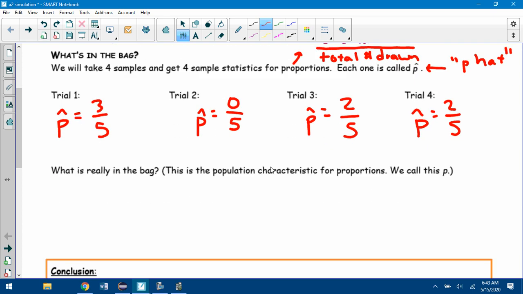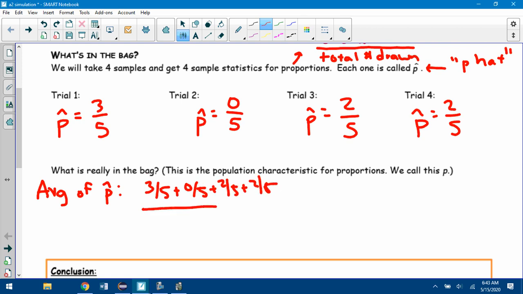We want to know the population characteristic for all these proportions. One way I could do it is take the average. So if I take the average of all the p-hats, 3/5 plus 0/5 plus 2/5 plus 2/5, divided by 4 because there were 4 trials.